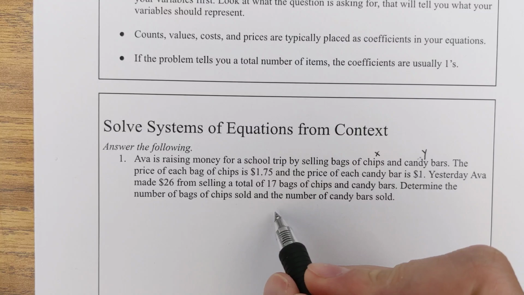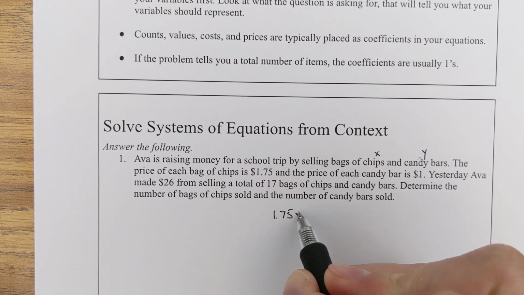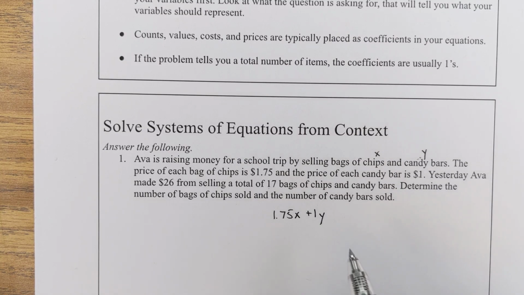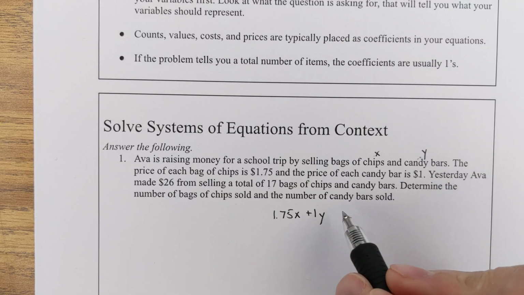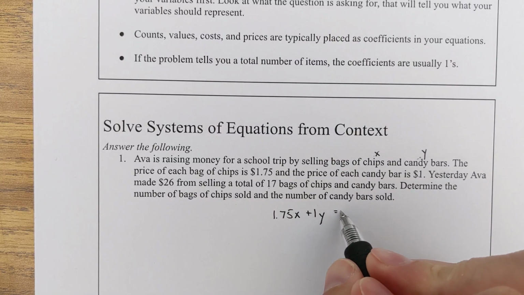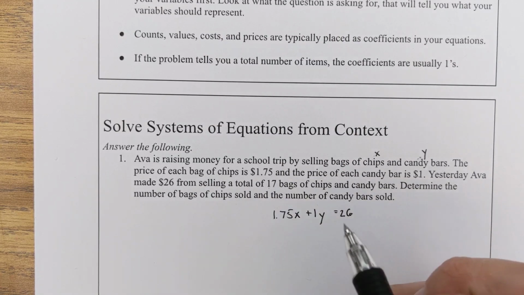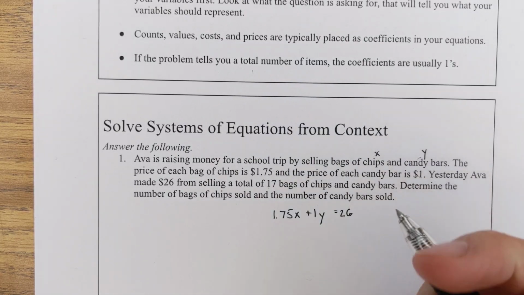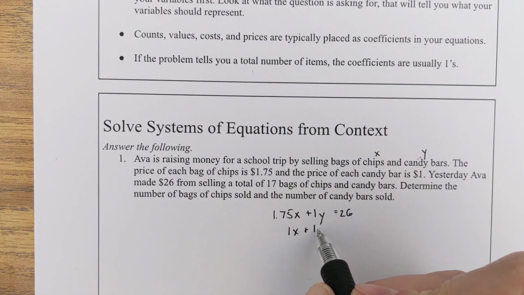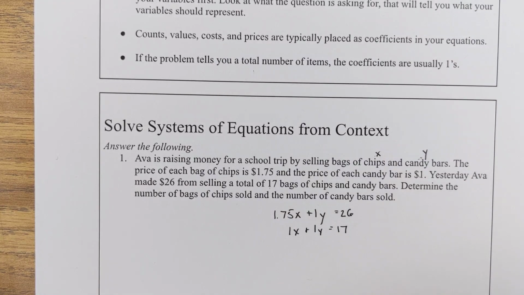So amounts are coefficients. So 1.75x plus 1y. So chips are x, candy bars are y. And we made $26, so this has to equal 26. Total of, so total number of items, usually coefficients are 1, so 1x plus 1y equals 17.